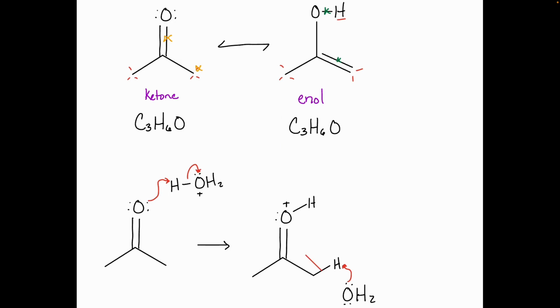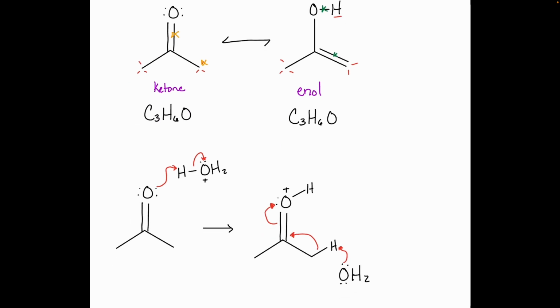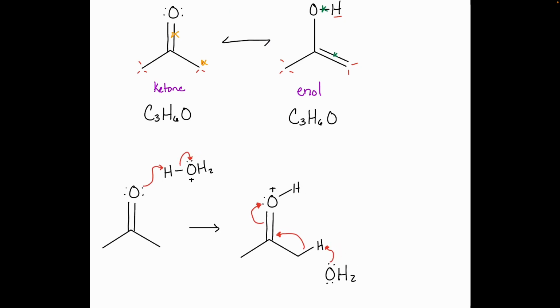This pair of electrons will come down to form that carbon-carbon double bond and kick that pair of electrons up onto that oxygen. And this is what forms my enol.